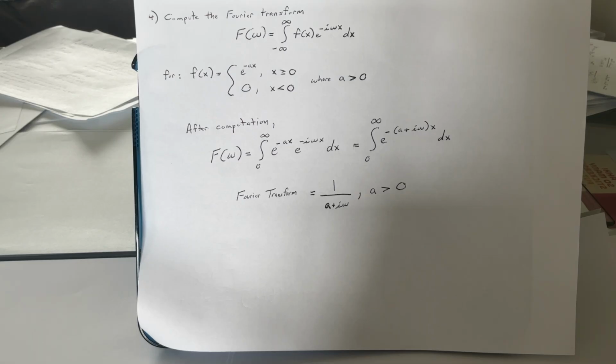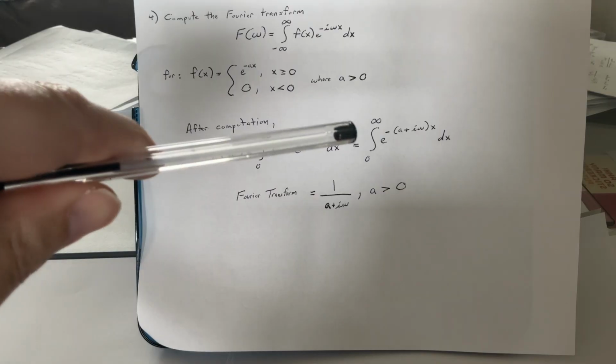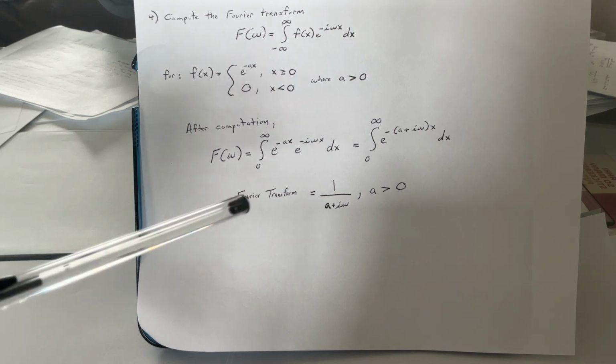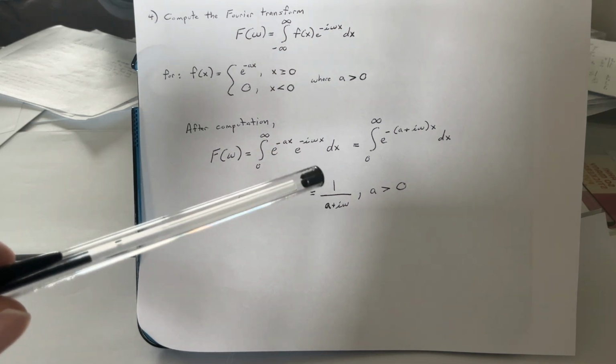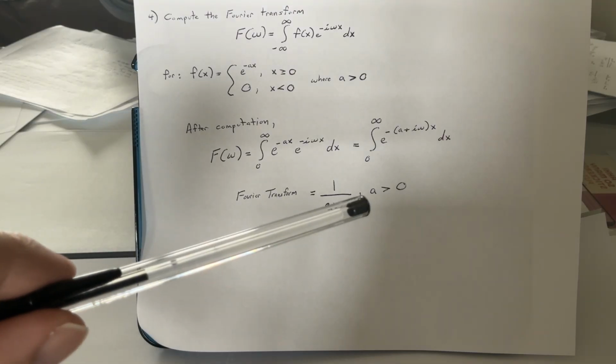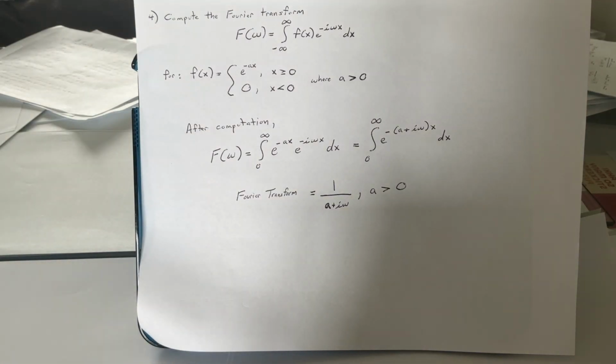Integrating with respect to x, 0 to infinity, we get e to the negative (a plus iω)x dx. And after we employ this Fourier transform, we're going to get 1 over a plus iω, where a is greater than 0. And that's after doing all of the work.